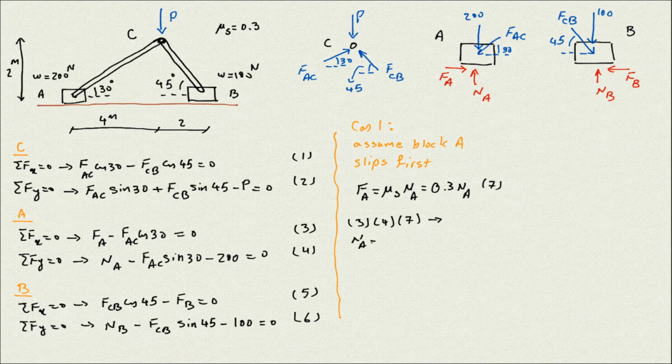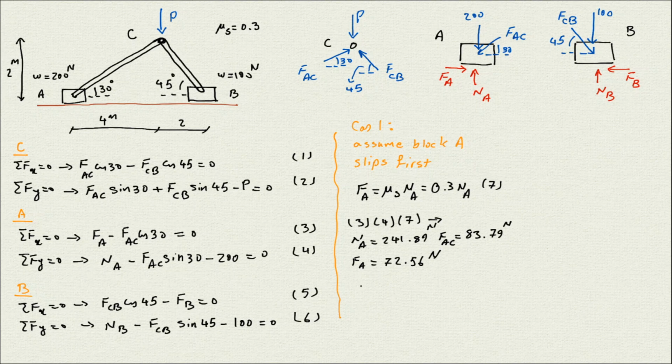The NA would be 241.89 Newton. The FAC would be 83.79 Newton, and then the FA would be 72.56 Newton.